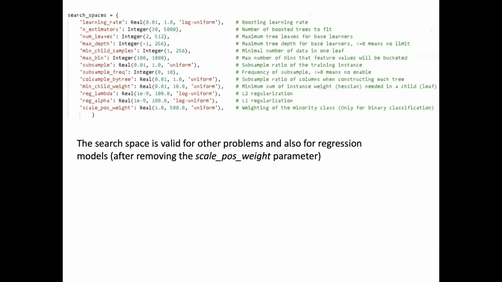And number of estimators, which is the number of boosted trees that are summed in the ensemble. The maximum number of leaves for the base learners imposes a constraint on the complexity of the decision trees, the same as max depth, another way to impose a complexity restraint on your algorithm. Then min child samples has the same effect as the previous two.